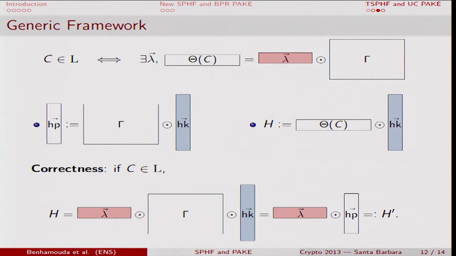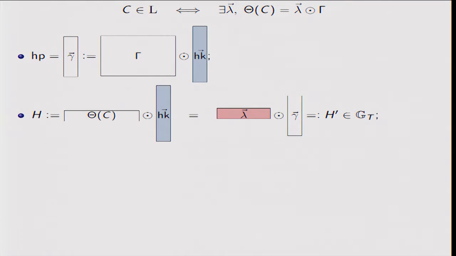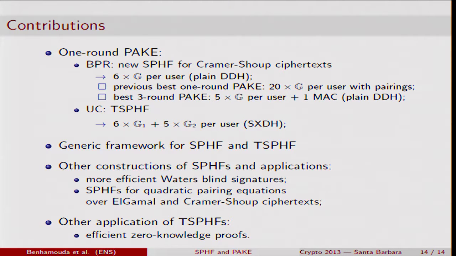And in addition, if the word is not in the language, it's easy to see that theta of C is independent from the rows of gamma, and so HP gives no information whatsoever on the hash value H. And so H is random given only HP. To embed the trapdoor, we add a scrambled version of HK inside HP, and we lift everything into GT.